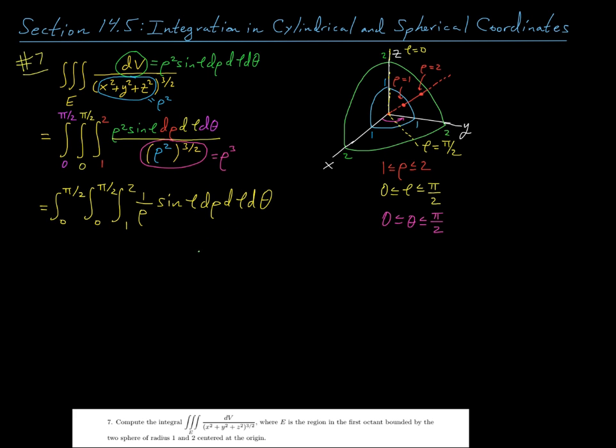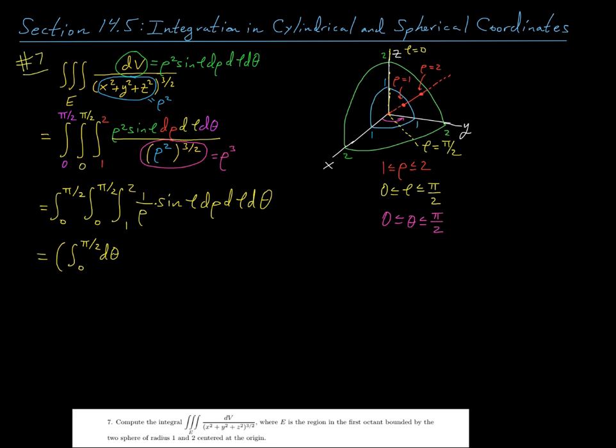Okay, not too bad. Now notice for the integrand, I have a 1 over rho times a sine phi. So I have a product of something that depends only on the variable rho, and then something that depends only on the variable phi. And then all of that's going to be constant with respect to theta. So in fact here I can split this up as follows.